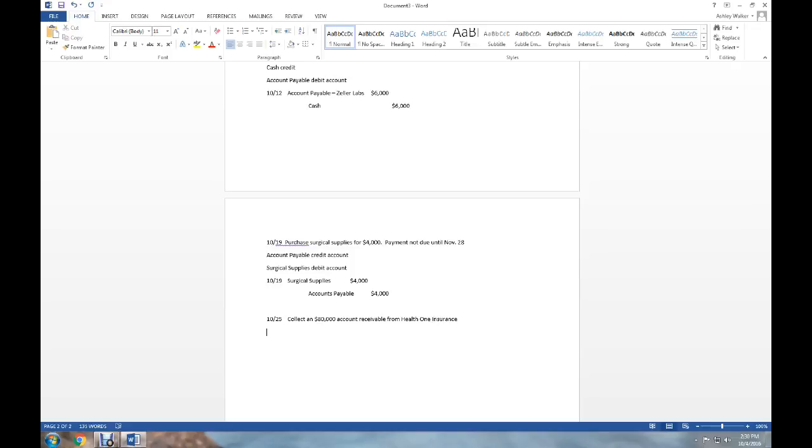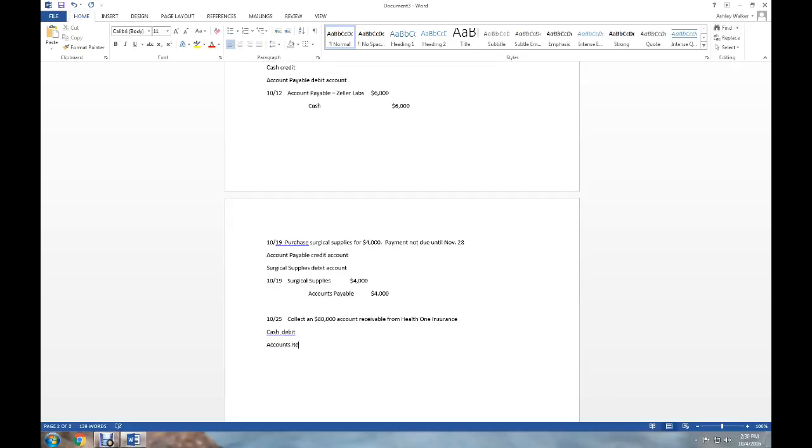Okay, so we haven't dealt a whole lot with accounts receivable, but hopefully you're getting a good feel for it anyway. So if we collected an account receivable, we got cash, because this was previously an amount that they owed us, had not paid yet, therefore it was an account receivable. So cash is going to be our debit account.